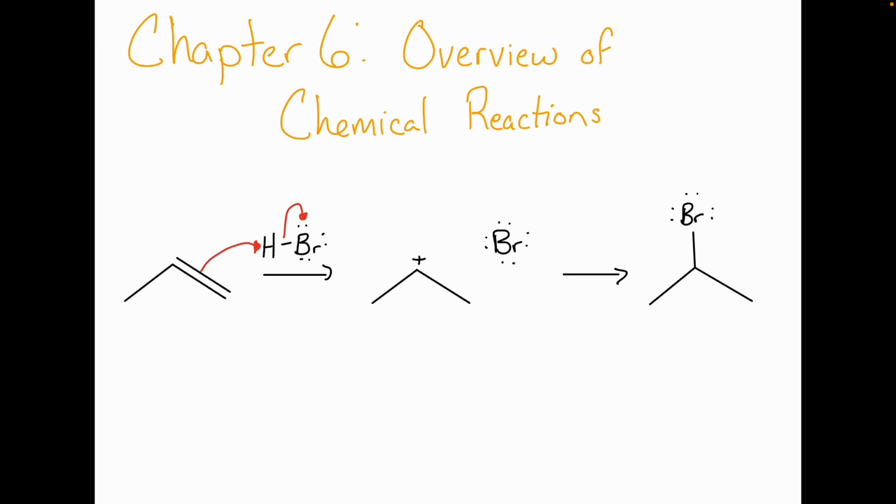So we've got two steps in our mechanism here. The thing in the middle we call an intermediate. This reaction occurs in two steps. Oh, I forgot my negative sign on my bromide. So in the last step, we're going to have one bond formation arrow starting at a lone pair on the bromide and connecting to that carbocation.